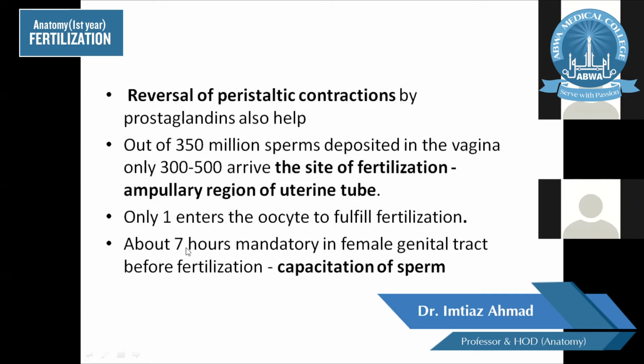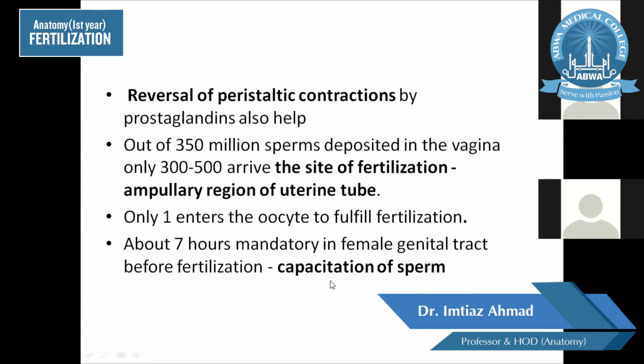Another thing to note is that 7 hours are mandatory for the sperm to stay in the female genital tract before fertilization. This is called the capacitation of the sperm. During this time, the protective coats on the surface of the sperm are removed by the secretions of the uterus and so on.